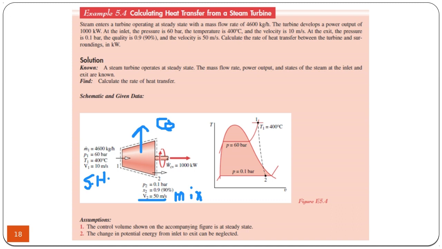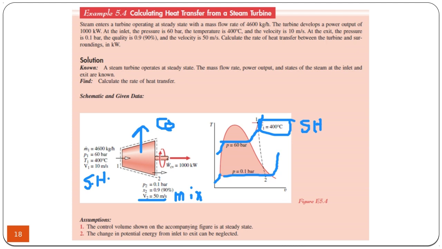If you look at the T-v diagram, the initial pressure is 60 bars. So this is the initial pressure curve, and the temperature is given as 400 Celsius. This location is for sure superheated. As it expands through the turbine, the pressure drops to 0.1 bar, which is given.